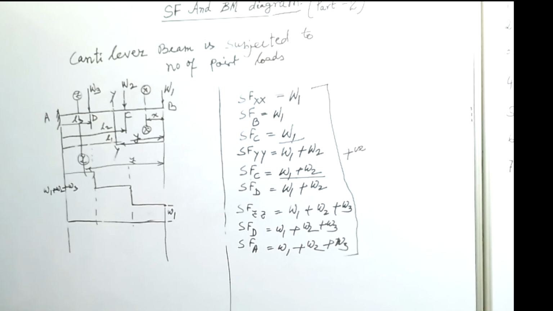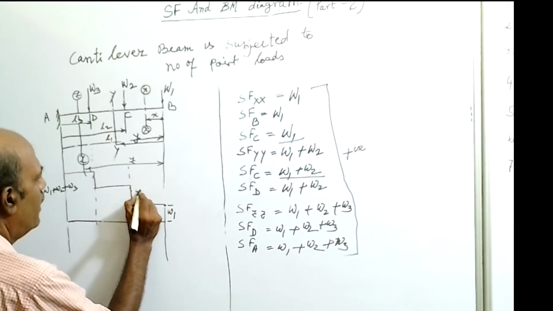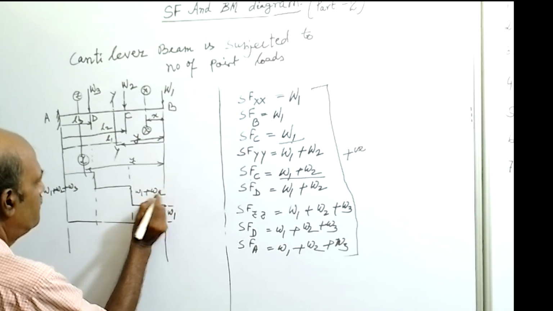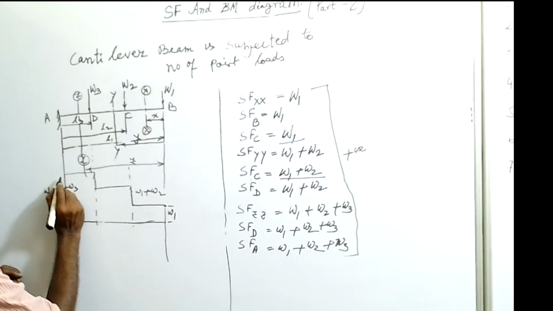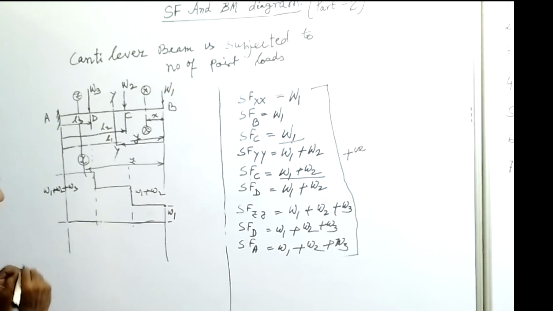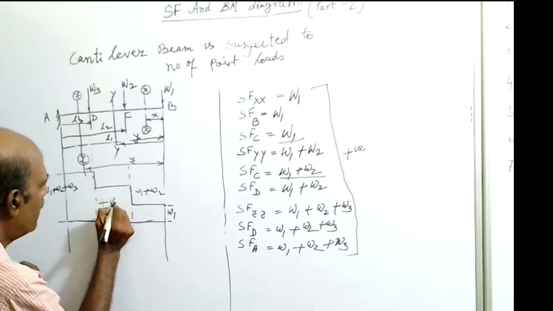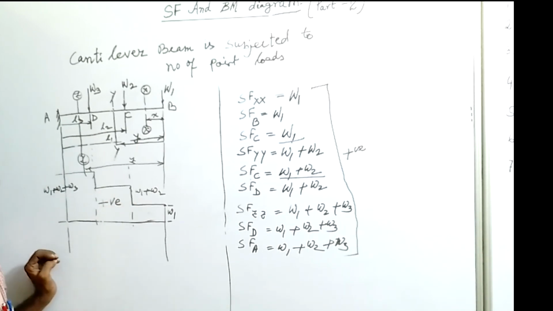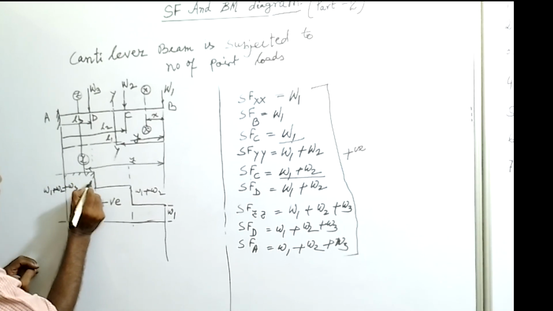Now this is the shear force diagram. Here it is W1, here it is W1 plus W2, and this height is W1 plus W2 plus W3. So here you can show it, and all shear forces are positive, so we write positive and put the hatching mark here.